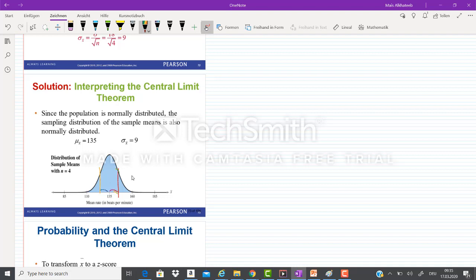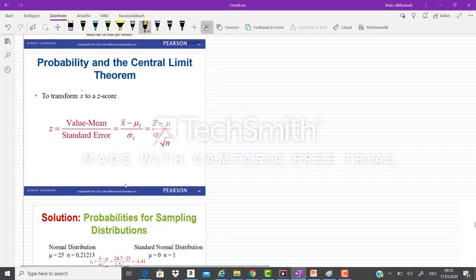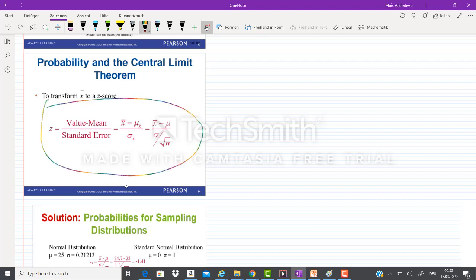Then I have these two examples now. Now what is the application of the central limit theorem? This is the important application: I can convert from x bar to z score.